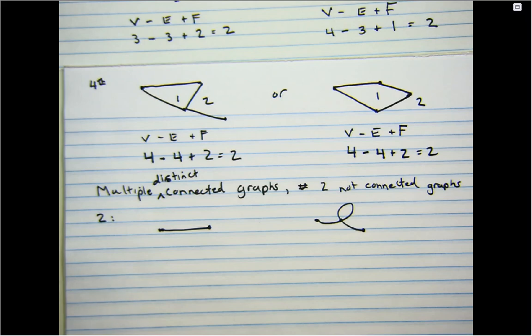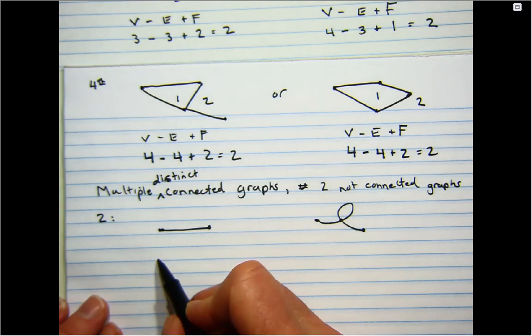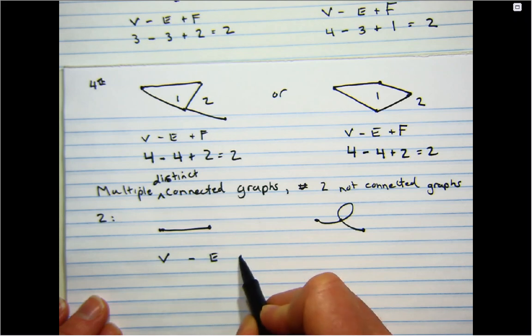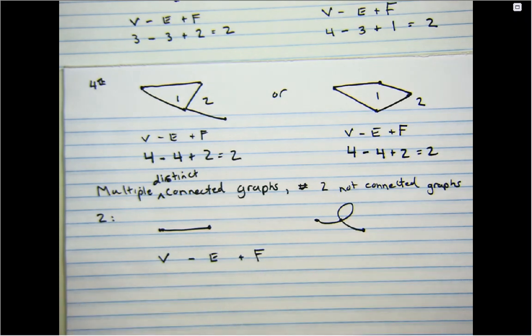That'd be a little better language. Let's count the vertices, edges, and faces there. And we're doing it for the combined 2, the 2 together. So we count the vertices between both of them.